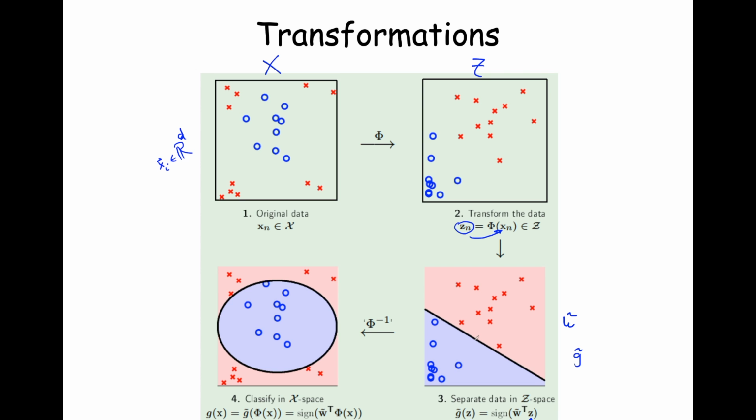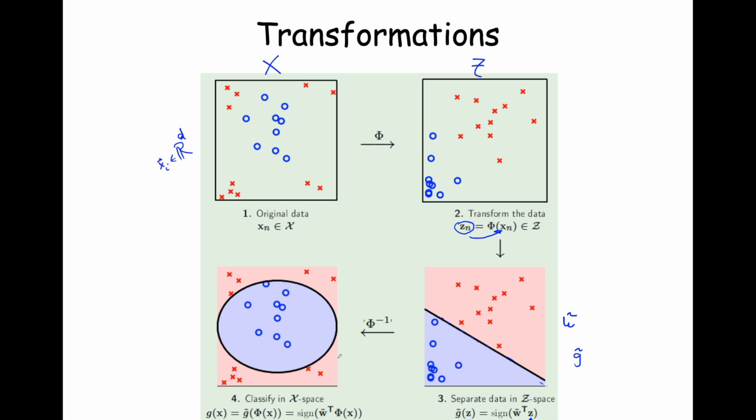So if we sample and solve for those values z for which w tilde transpose z, our final best hypothesis, is equal to 0, then we can take the inverse of those points z and produce exactly this nonlinear hypothesis.